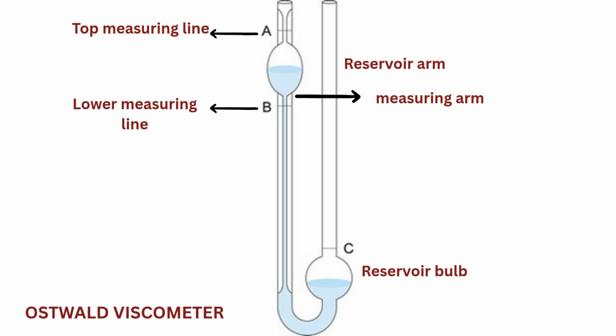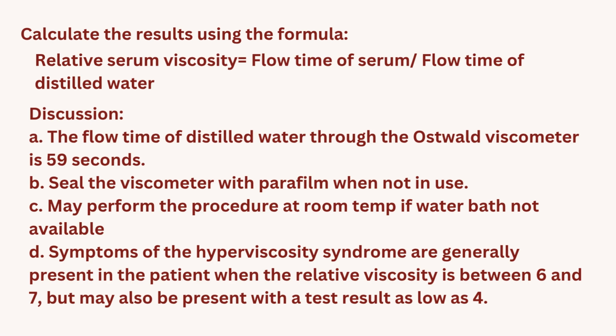So remove the serum and rinse the viscometer several times using 0.85% sodium chloride, then 2 rinses with distilled water. Do the procedure again using distilled water. Now for the results, you calculate using the formula: relative serum viscosity equals flow time of serum divided by flow time of distilled water.